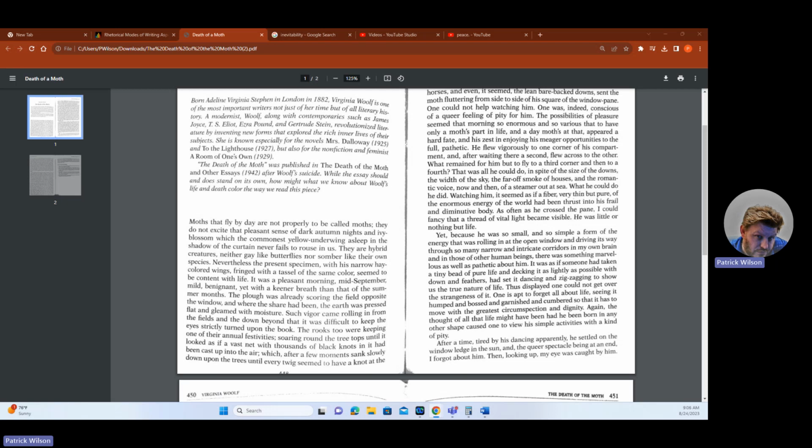Her essay concludes with the moth's death. As its movements become feeble and finally cease, Woolf reflects on the moth's quiet death and its symbolic significance in illuminating the universality of death and the beauty in life's fleeting moments.